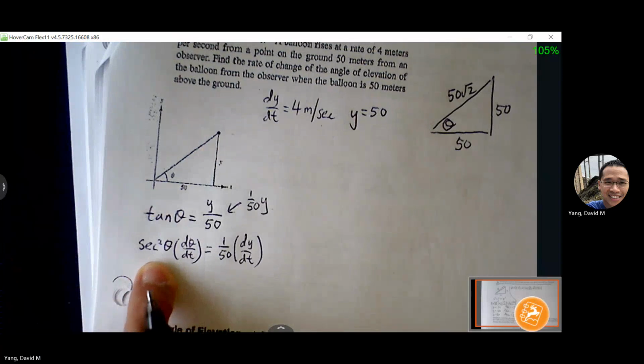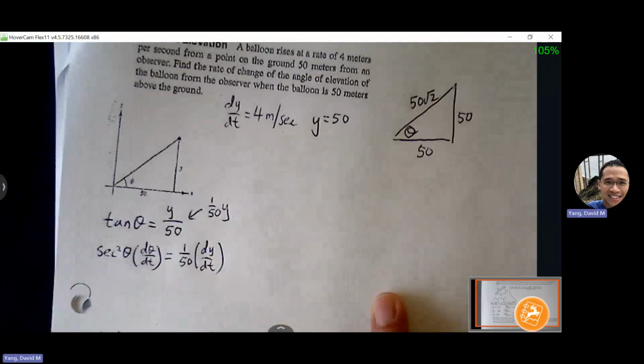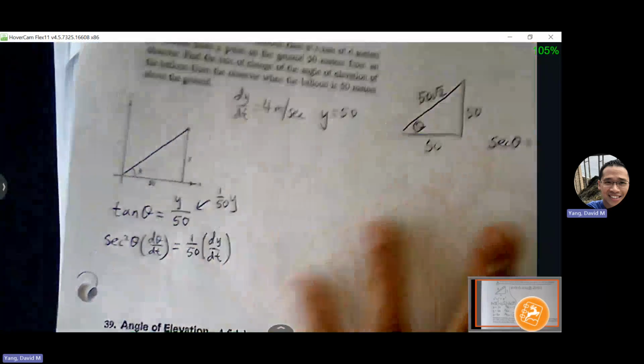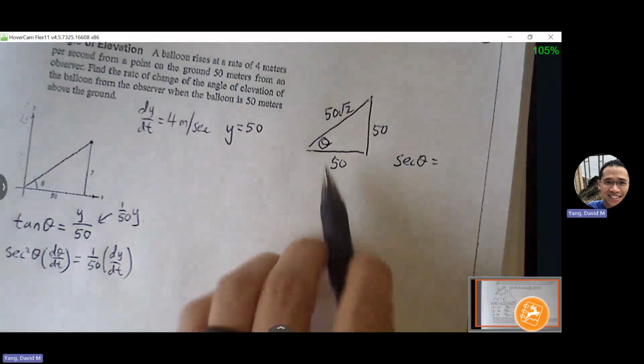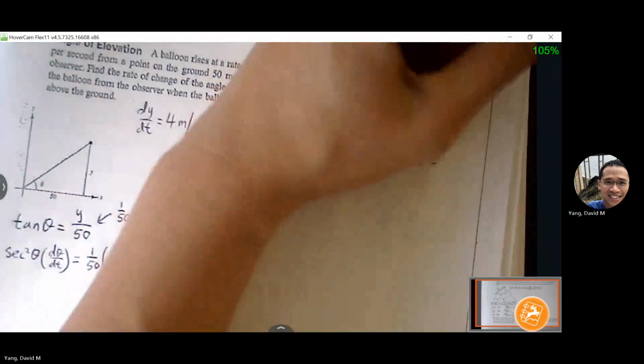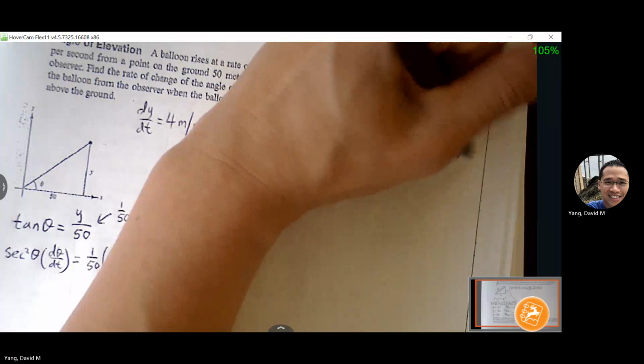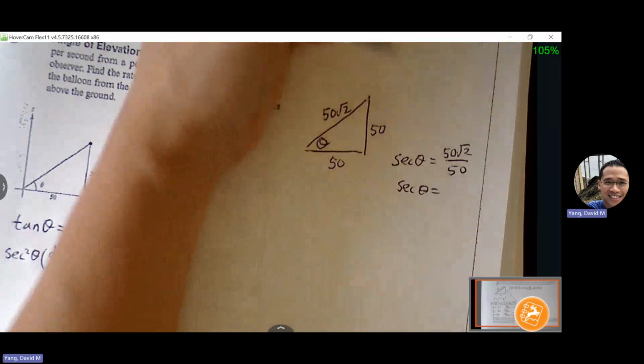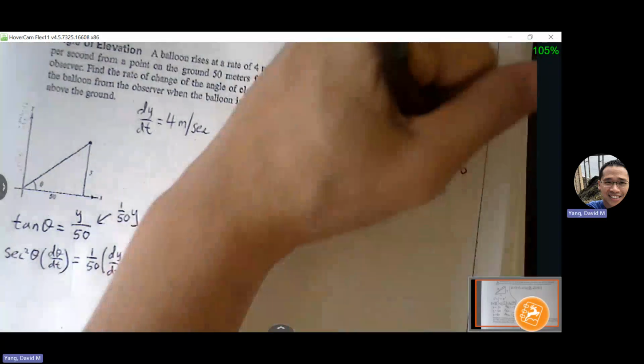Okay, so the thing that we're looking for to move forward is secant theta for this moment in time, ratio. What's secant of theta? And what's nice about this, we can reduce it all the way down to what? Root 2.